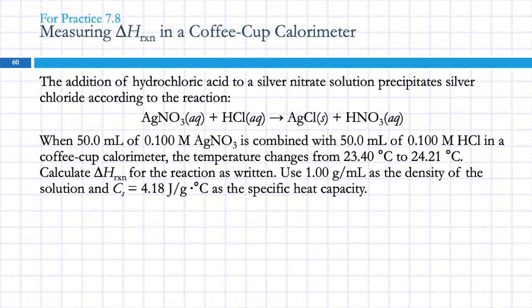So what's happening here is we have this reaction occurring between the silver nitrate and the hydrochloric acid. The solution changed from 23 to 24. The solution got warmer, so is the reaction giving off heat or absorbing heat?